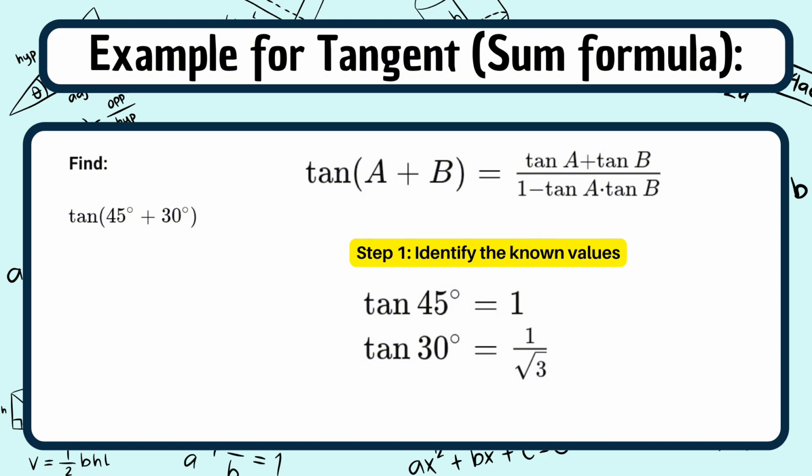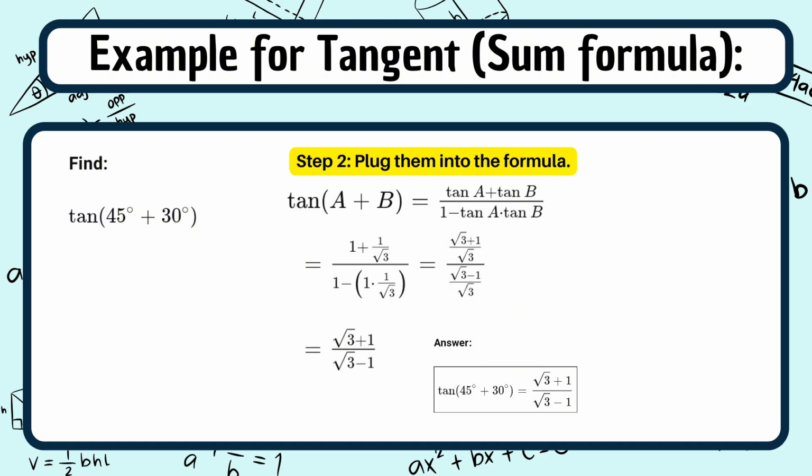After, let's proceed to step number 2. Plug them into the formula. Then calculate. So we have the final answer. Tangent 45 degrees plus 30 degrees is equal to square root of 3 plus 1 over square root of 3 minus 1. Okay, very good.